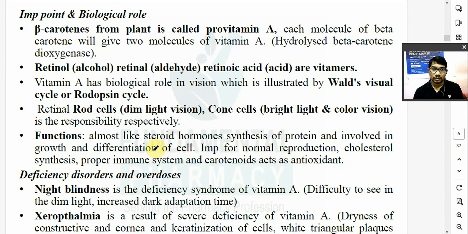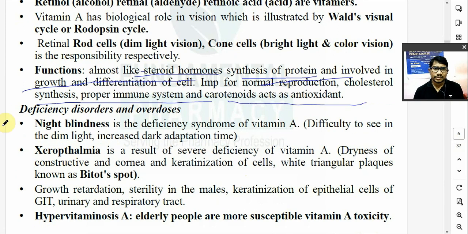Now deficiency of vitamin A and overdose of vitamin A. You have to remember that toxicity occurs only with lipid soluble vitamins. So toxicity can occur only with lipid soluble vitamins. Why? Because lipid soluble vitamins are stored in the body. They have a storage form in the body, and that's why hypervitaminosis or vitamin toxicity can occur.